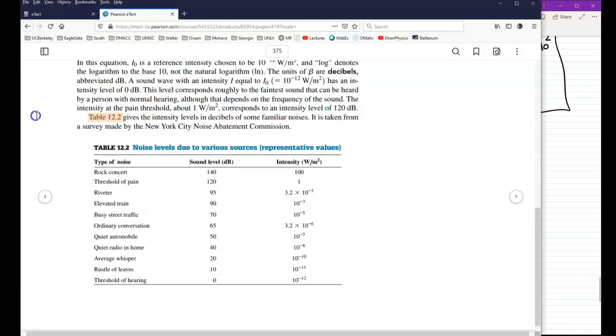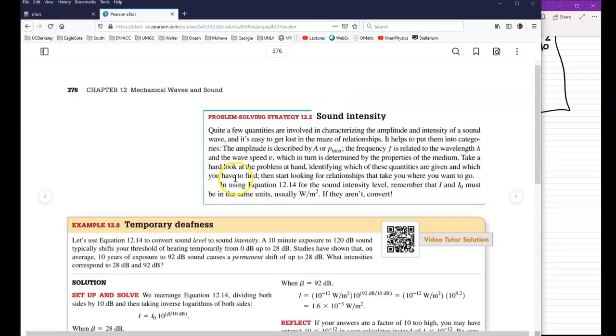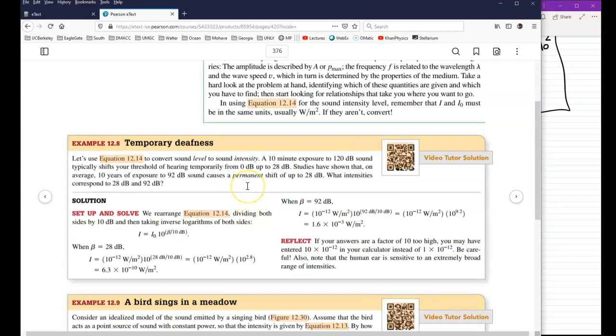Let's do that. Page 76, right there. He says a 10-minute exposure to 120 decibel sound, which is, remember, the threshold of pain. It's going to be painful on your ear to hear that sound. You see what I'm saying?